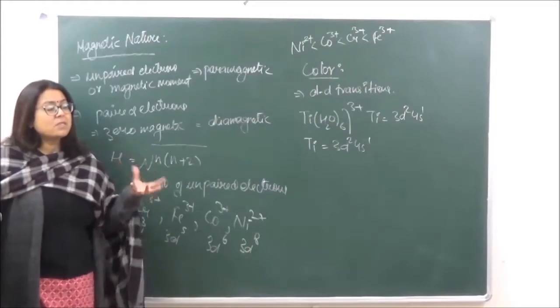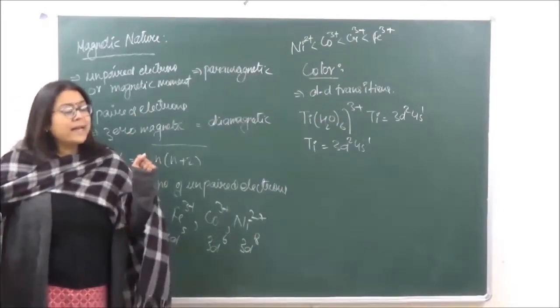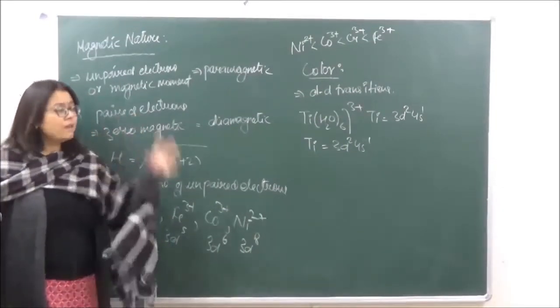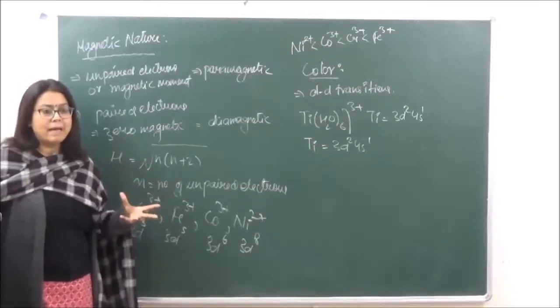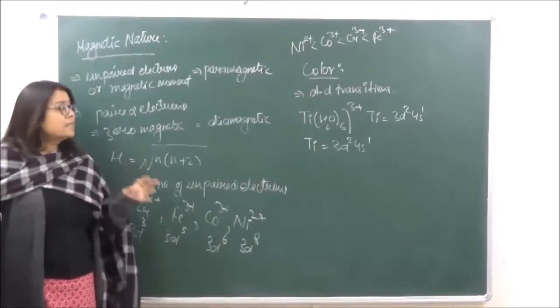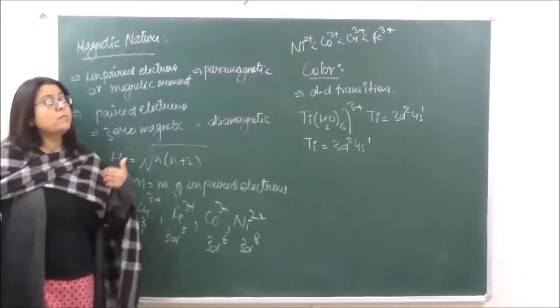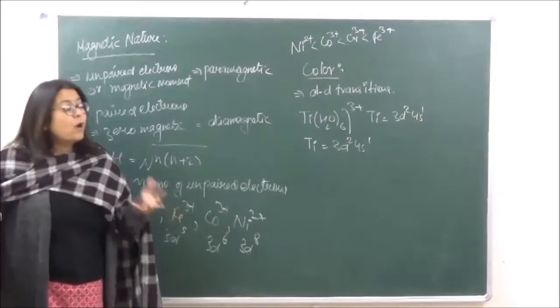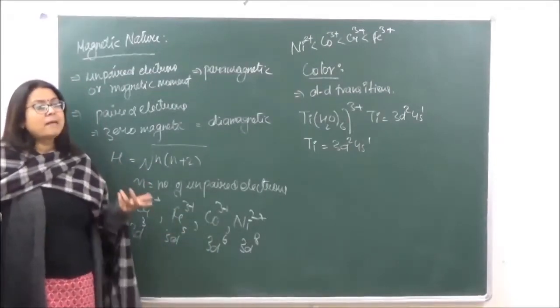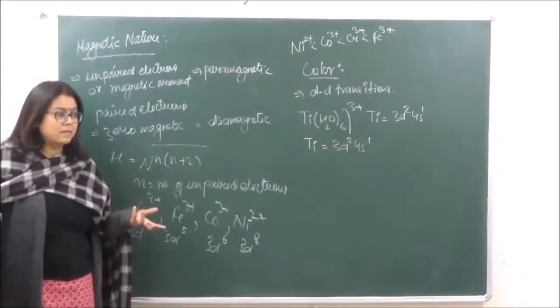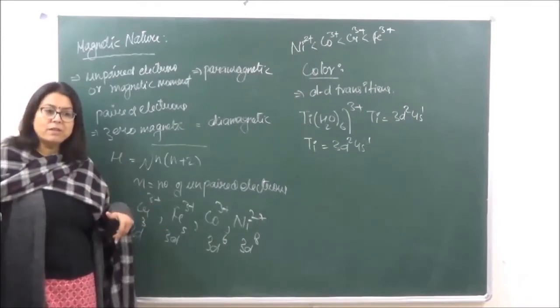Now if any substance is going to absorb the entire white light, all the wavelengths of the white light, it is going to appear black. But if it is absorbing light of a certain wavelength, it is going to emit light of the other wavelength. तो हमें जो color नजर आता है, that is going to be the emitted light, not the absorbed wavelength.